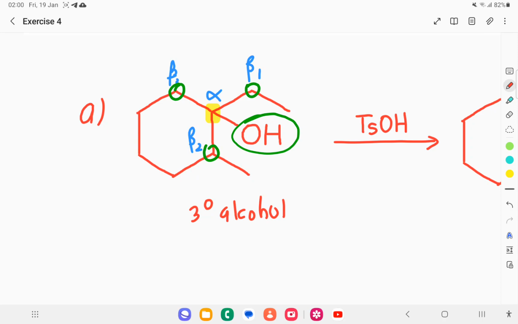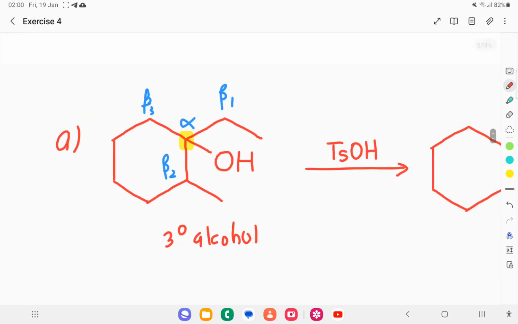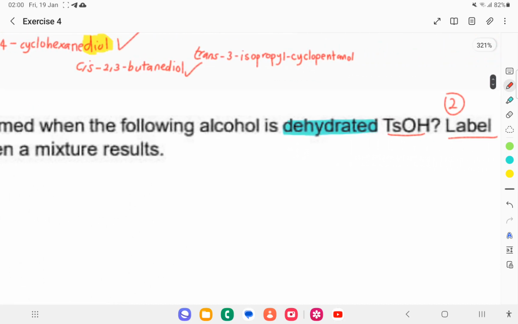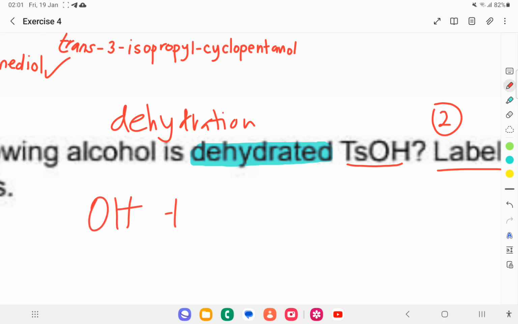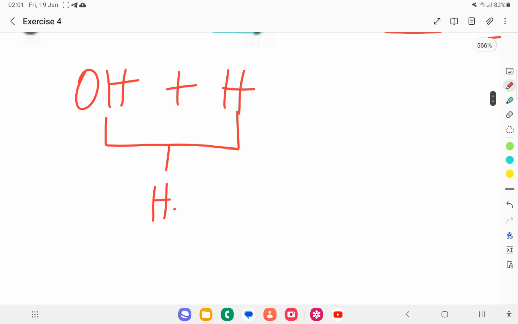The question already mentioned dehydrated, so the type of mechanism is the dehydration of alcohol. Dehydration means that you remove one OH and one hydrogen, one proton, from the alcohol compound as water, H2O.